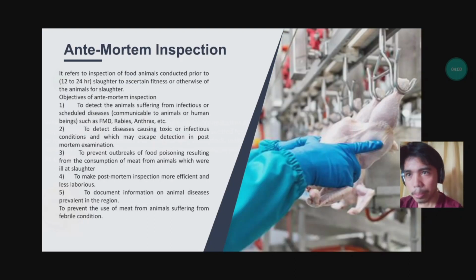The antemortem inspection refers to the inspection of food animals conducted prior to slaughter to ascertain the fitness or otherwise of the animals for slaughter.